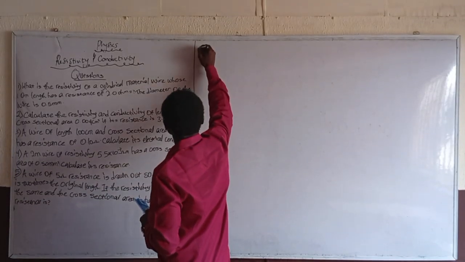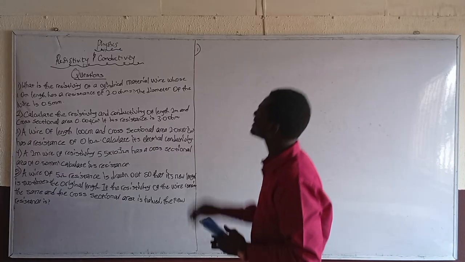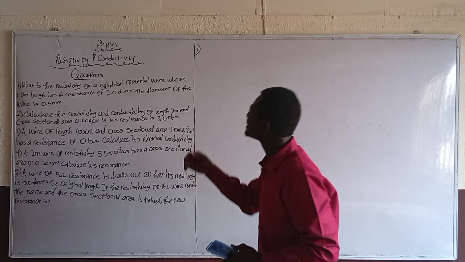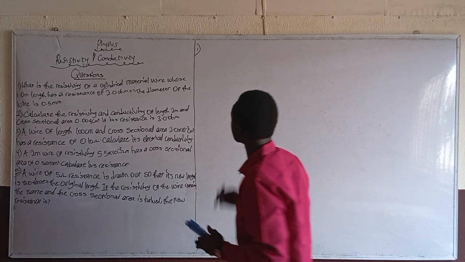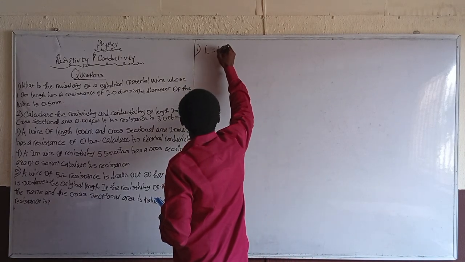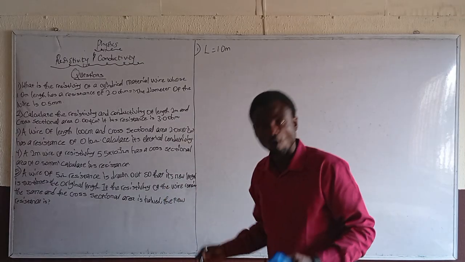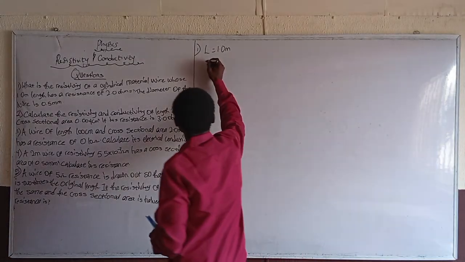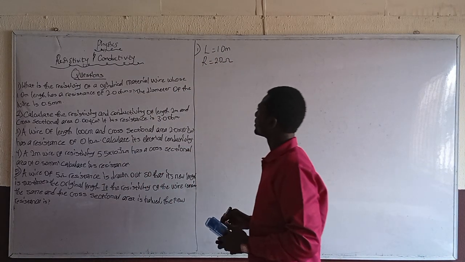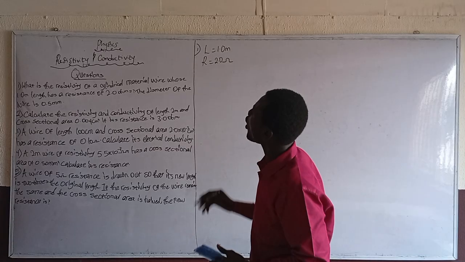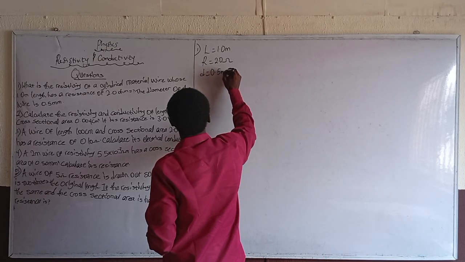Question 1. It says, what is the resistivity of a cylindrical wire whose length is 1.0 meter, has a resistance of 2.0 ohms, and the diameter of the wire is 0.5 millimeter?